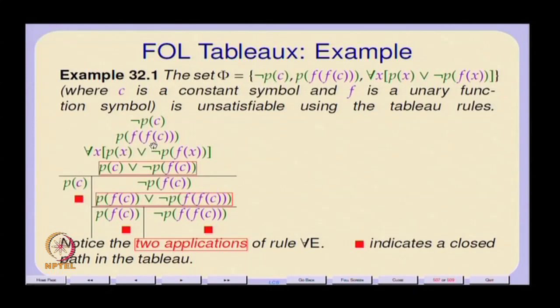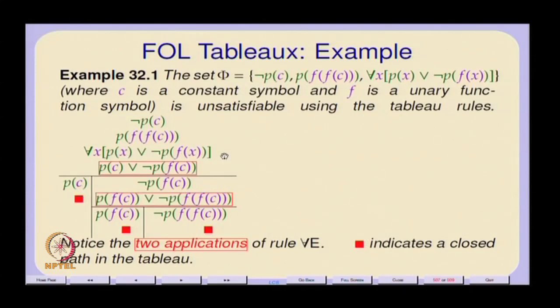I know it does not look much of a tree, but it is a tree. Here this horizontal line is where the branching takes place, right. Let us take this for all x, P of x or not P f of x.